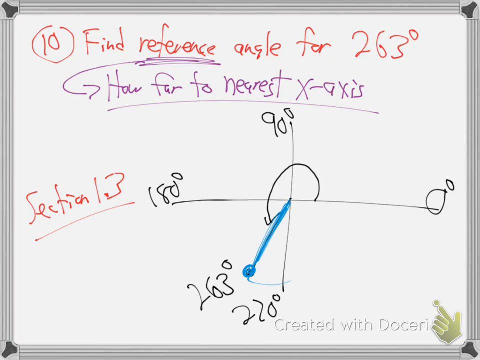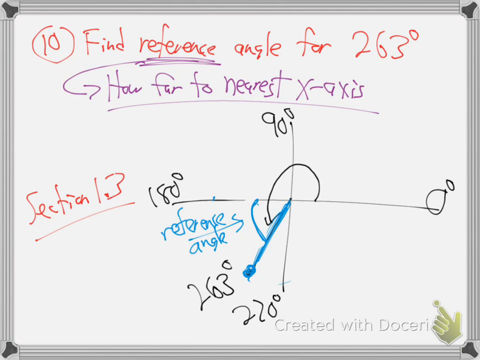So it's there. That's the nearest. So really they're asking me for this angle right here. That's going to be the reference angle. It's how far to the nearest x-axis. Is that making sense?